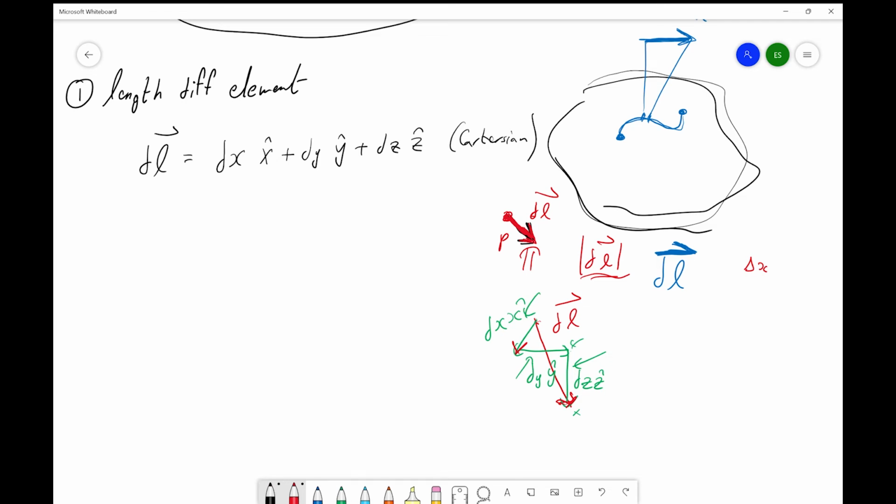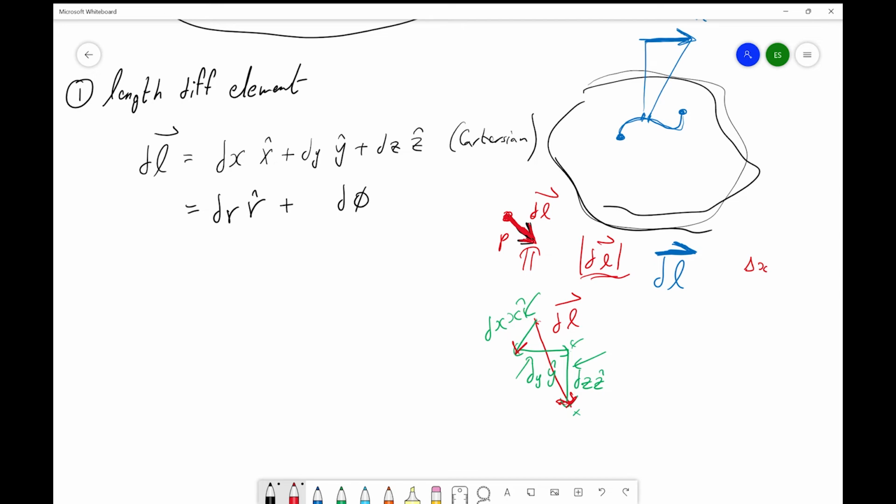In cylindrical, dr, we move along the r axis, the r coordinate, r hat. However, now when we move across, d phi is an angle. An angle is not a length, right? We need to convert this angle to length, right?